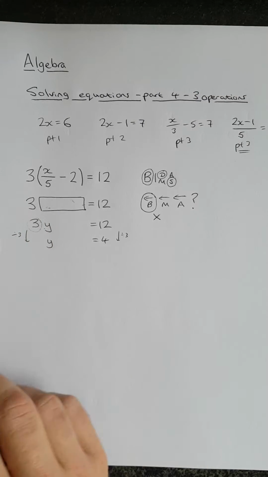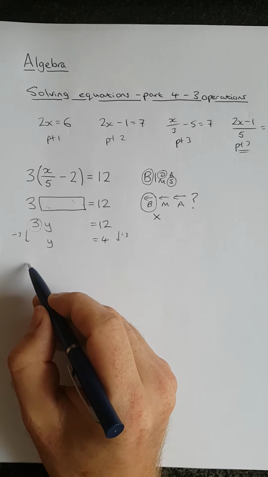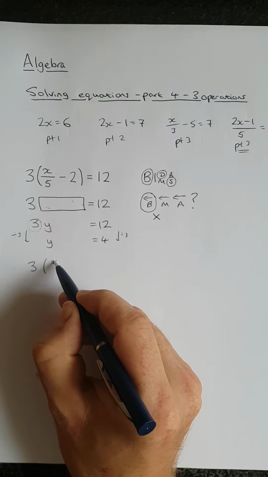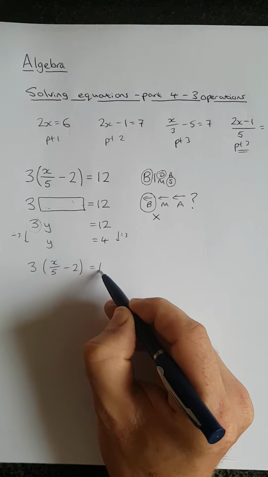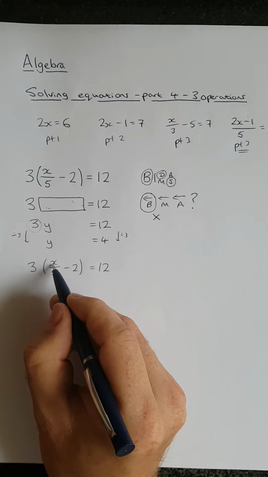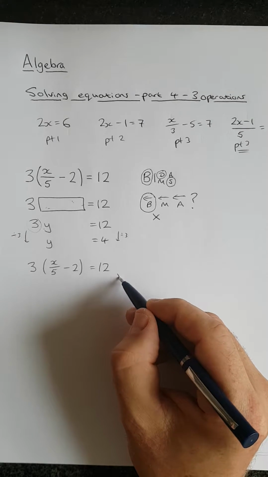Why did I draw the block? Well, look at the line above. 3 lots of this equals 12. So what am I going to suggest we do first? That's right.